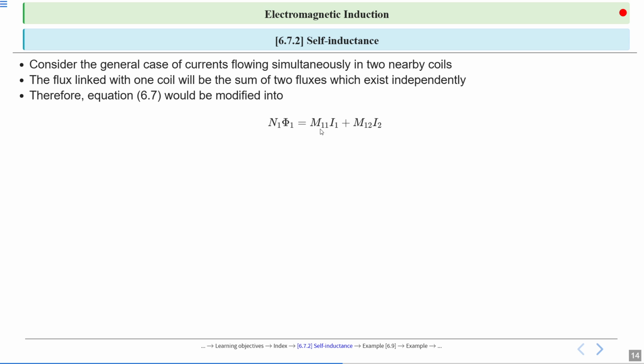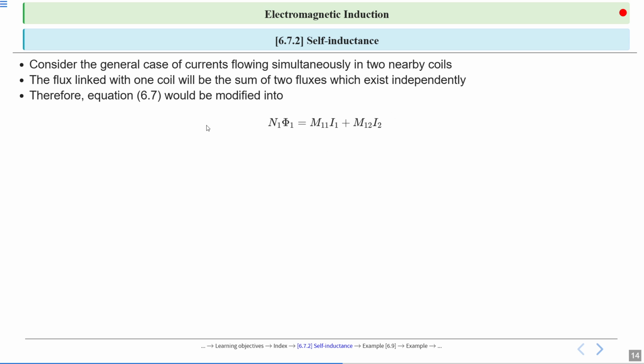So M11 represents the mutual inductance of the first coil with respect to the first coil. That means it is self-inductance. Any inductance linked with one coil with respect to that same coil is self-inductance, into I1. I1 is the current flowing through the first coil.